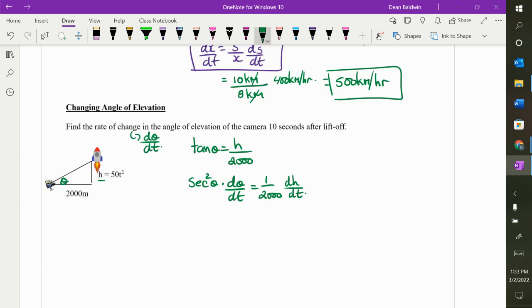All right. What am I solving for? d theta dt. So what do I need to move? Secant squared. So I can divide that off. But if you remember, what is secant? It's 1 over cos, right? So if you think about it, I could write it like this. You don't have to write this. I'm just going to show you.